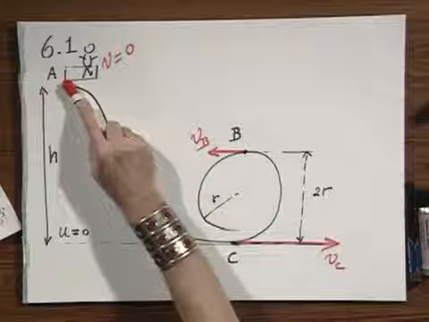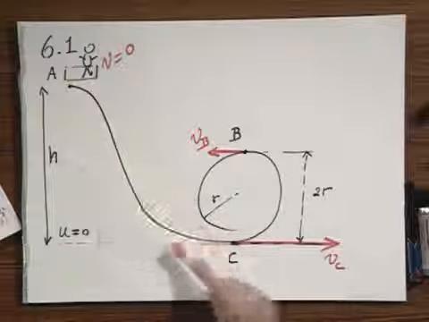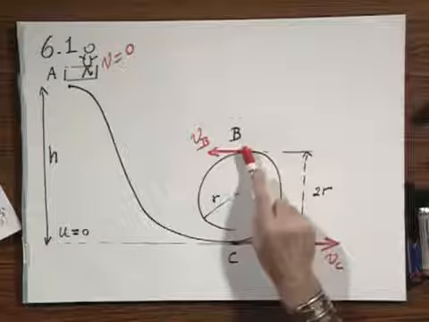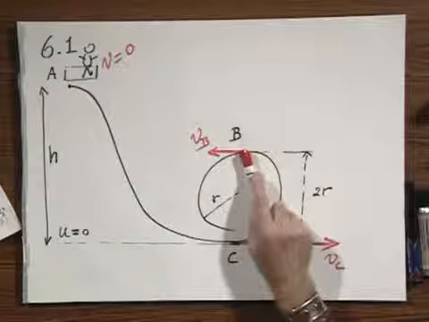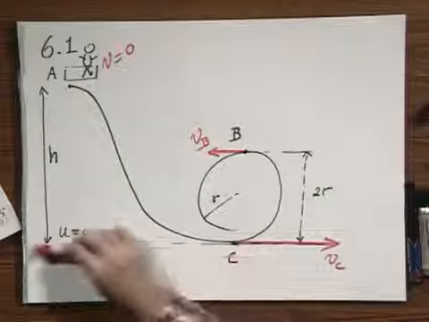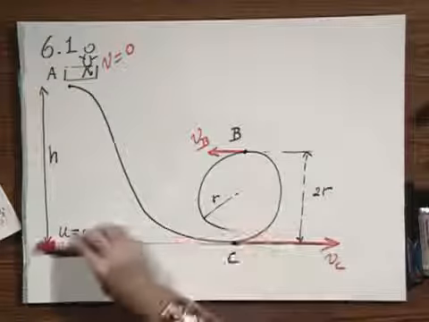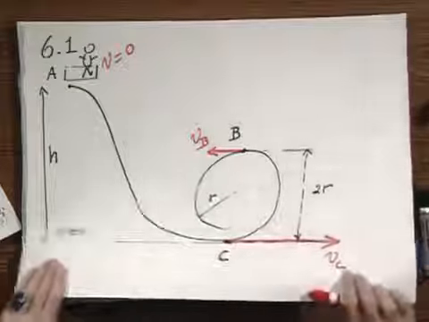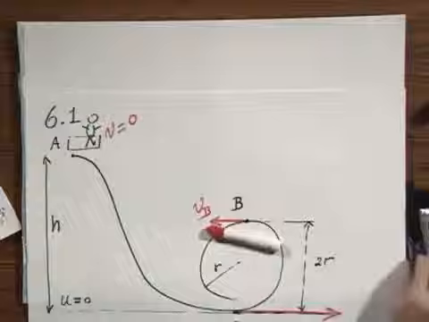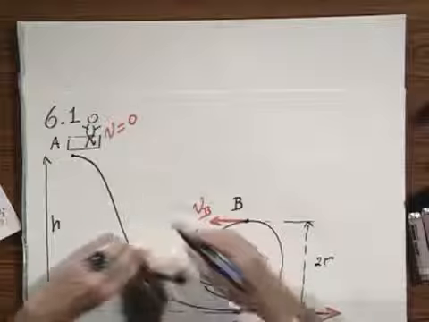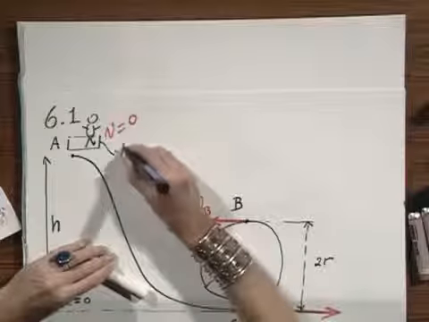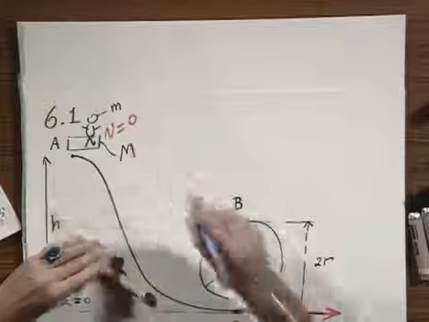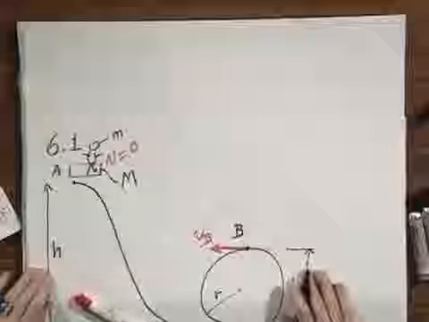Gravitational potential energy plus kinetic energy here is gravitational potential energy plus kinetic energy here is gravitational potential energy plus kinetic energy here. All right, we have already agreed that we have arbitrarily chosen the gravitational potential energy to be 0 here, so that makes life a little easy. Let's call the mass of your roller coaster capital M, and you with a modest mass little m.